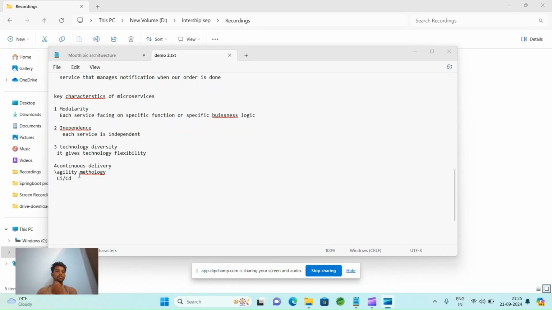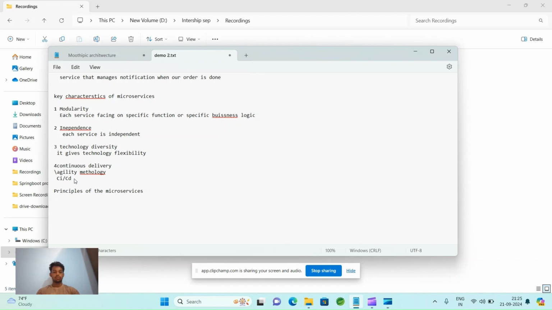Okay, so now we will see the principles of microservices. With the help of these principles, you will build a better microservice project.